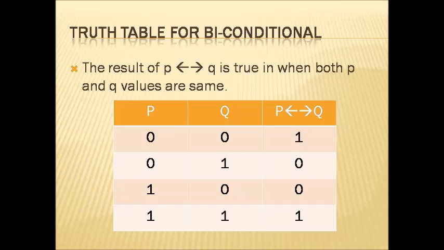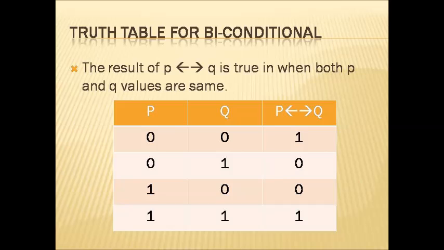We have two propositions P and Q. It is returning 1 whenever P is 0 and Q is 0, and P is 1 and Q is 1. When both P and Q values are the same, it will return true. In all other cases, it will be false.